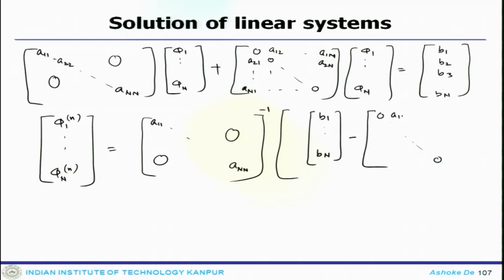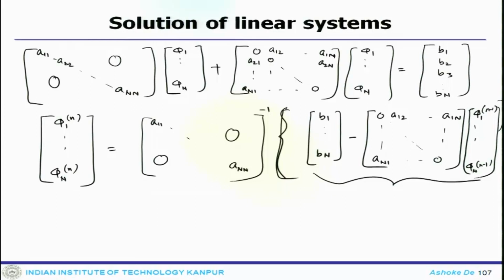This will be a 1 2 to a 1 n, and this would be a n 1 and so on, multiplied with phi 1 to phi n at level n minus 1. So that's the term. The complete matrix is multiplied with this factor.